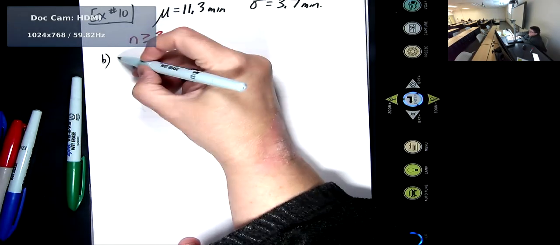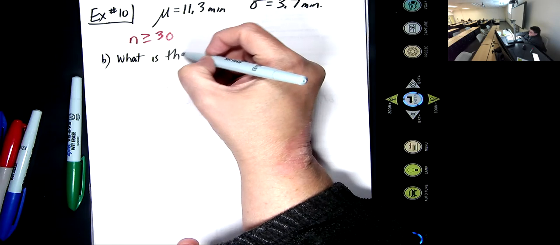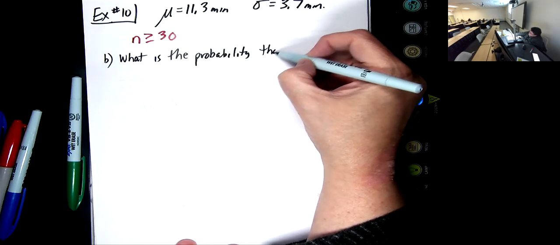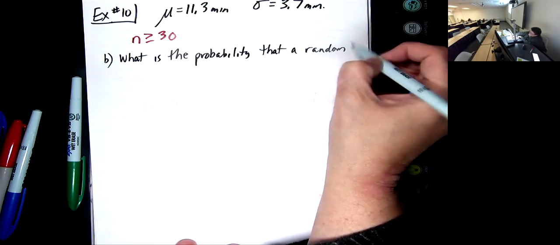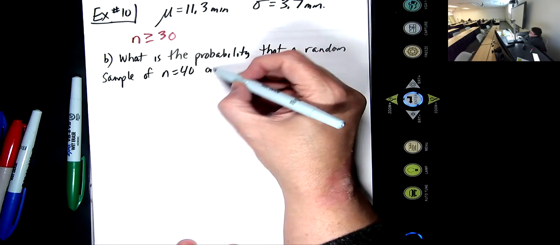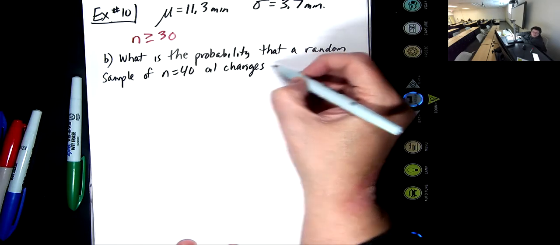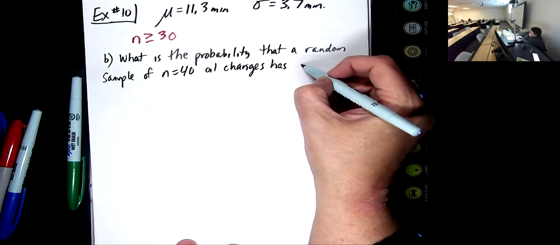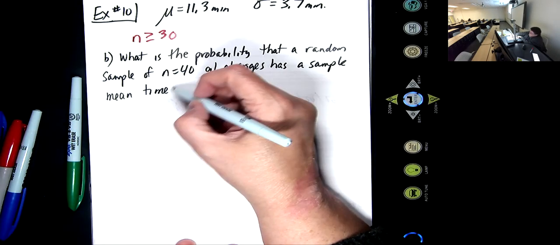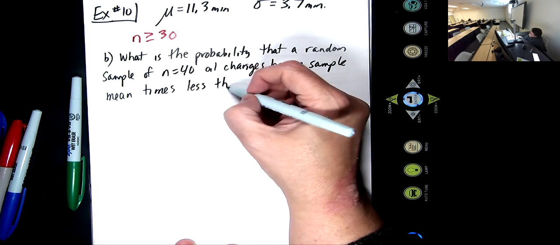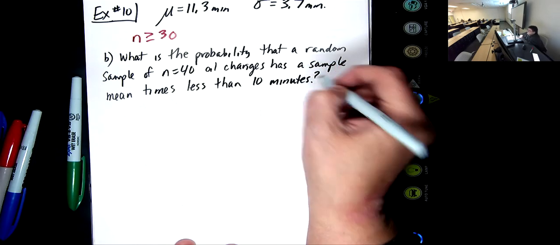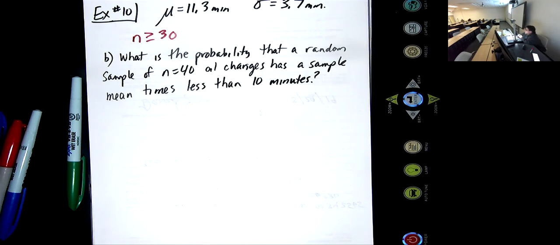Part B says, what is the probability that a random sample of n equals 40 oil changes is a sample mean time less than 10 minutes. Give you a chance to write that down before we start walking through how to do it.